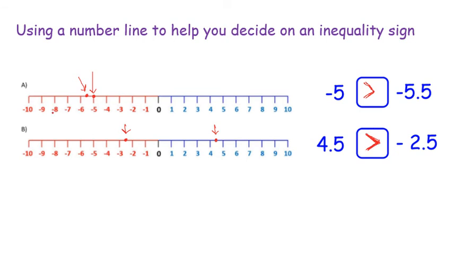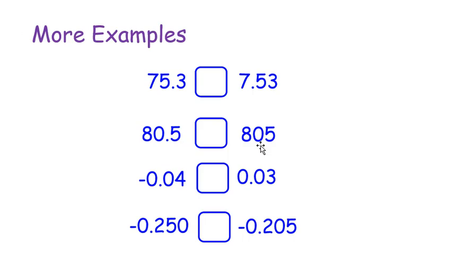Okay. Now without number lines, we might need to use our place value knowledge to help us out here. So we have 75.3 and 7.53 to look at. Now in terms of place value, 7 is in the tens column, 5 is in the units, and 3 is in the tenths column.